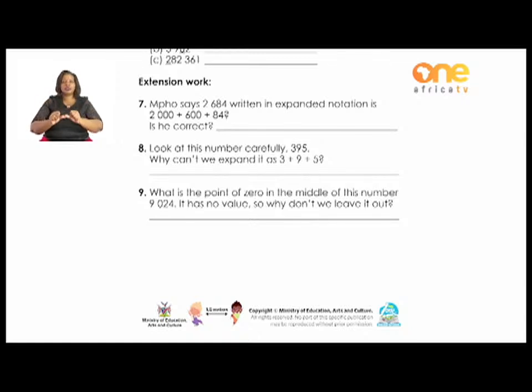And if we go to number 7, it says 2684 written in expanded notation is 2000 plus 600 plus 84. Is it correct?